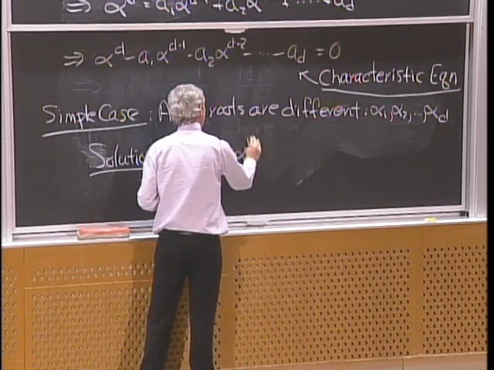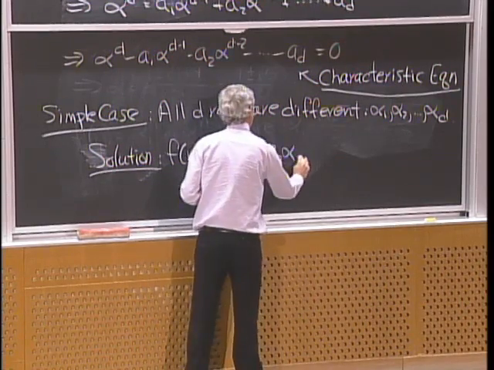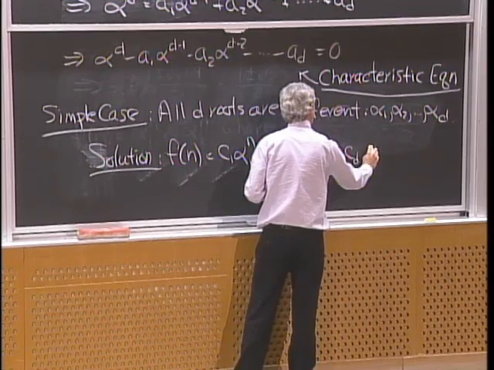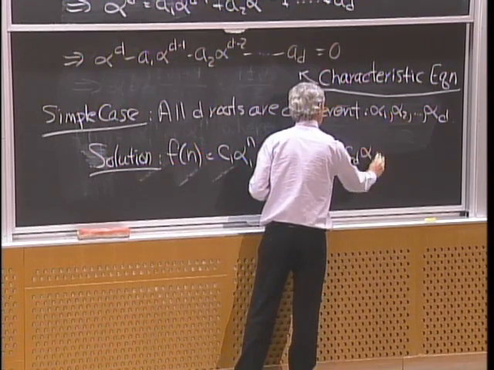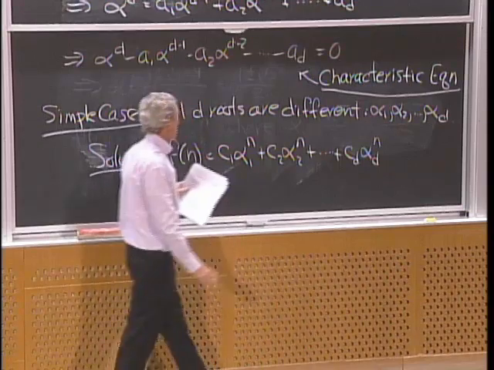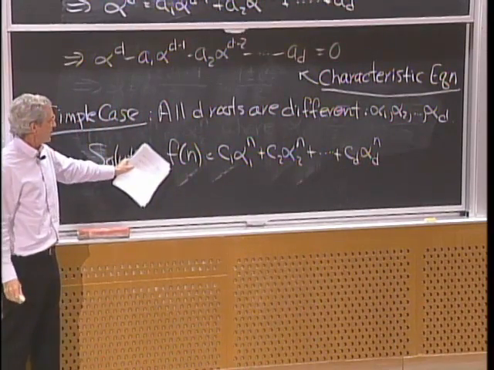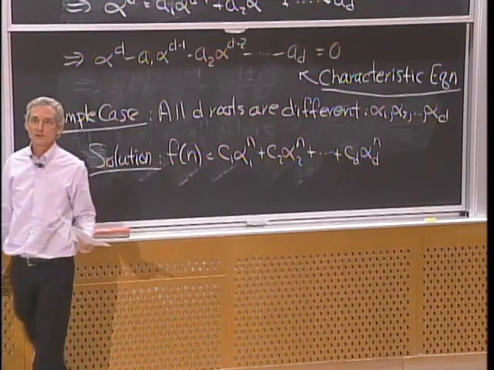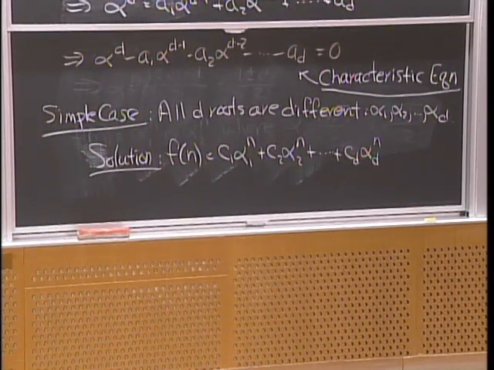C1 alpha 1 to the n plus C2 alpha 2 to the n plus Cd alpha d to the n. All right, same thing happens that happened in Fibonacci, that this becomes the solution before the boundary conditions are applied. All right?